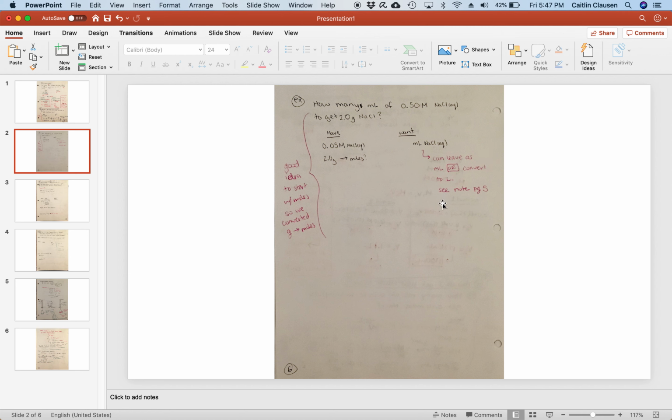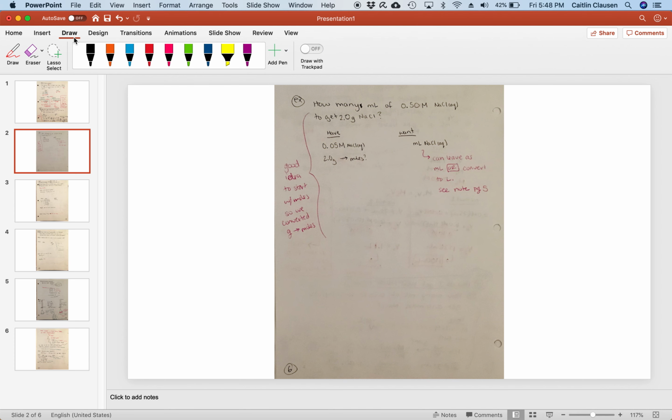And for this problem as well, you can leave it in milliliters or liters. See page 5 notes for why this is the case. So if we're getting to milliliters, we can convert grams to moles and then work through the problem. For converting from grams to moles, you always use the molar mass of whatever it is you're looking at.